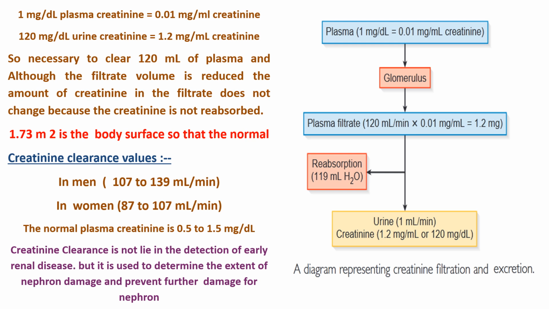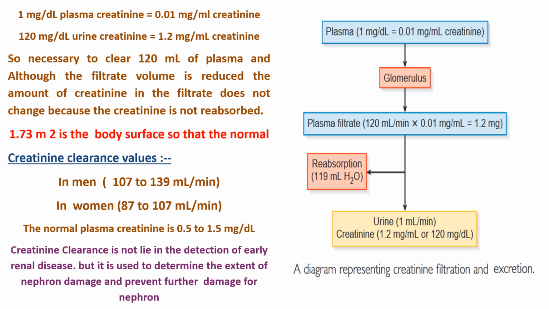To discuss the last example, we must know that 1 milligram per deciliter creatinine in the plasma equals 0.01 milligram per ml, and 120 milligram per deciliter urine creatinine equals 1.2 milligram per ml creatinine. So it is necessary to clear 120 ml of plasma.